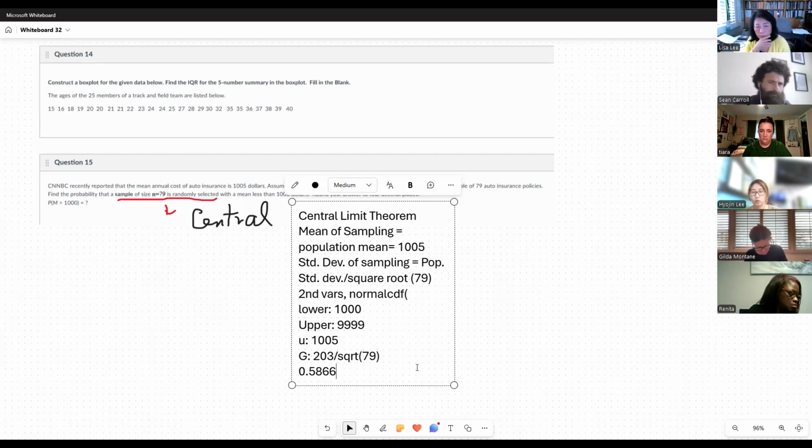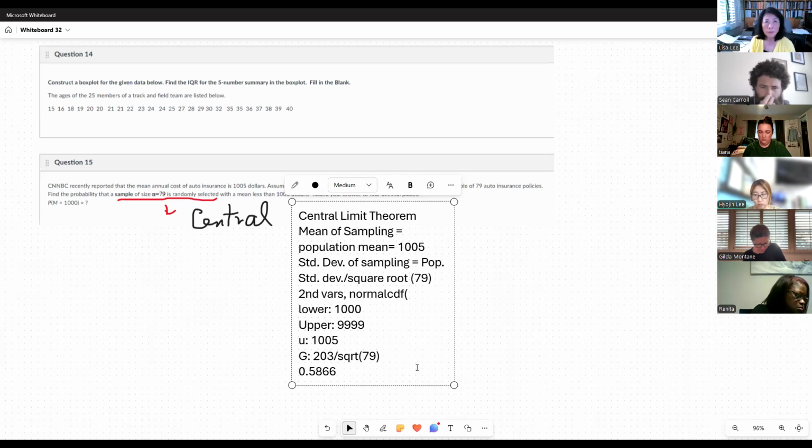If you see this type of problem again, you have to remember to apply the central limit theorem, and the key is that the standard deviation needs to be divided by the square root of the sample size, and that's all. For the lower and upper bound, if it's greater than, start with the number given to you and go to 99999.